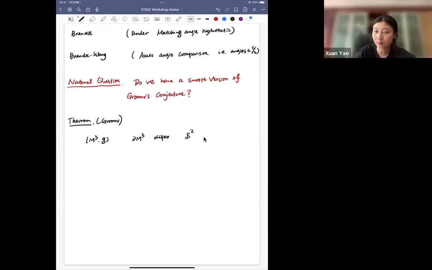Under this diffeomorphism, you can do comparisons: the mean curvature comparison, where H0 is the standard sphere's mean curvature, and also the metric comparison restricted to the boundary. In our notation, everything with a bar is a quantity in the Euclidean metric.